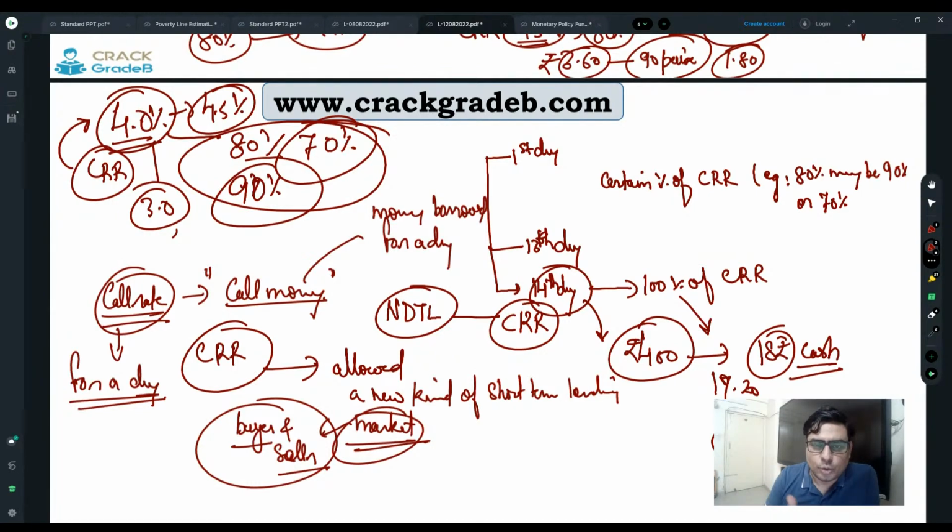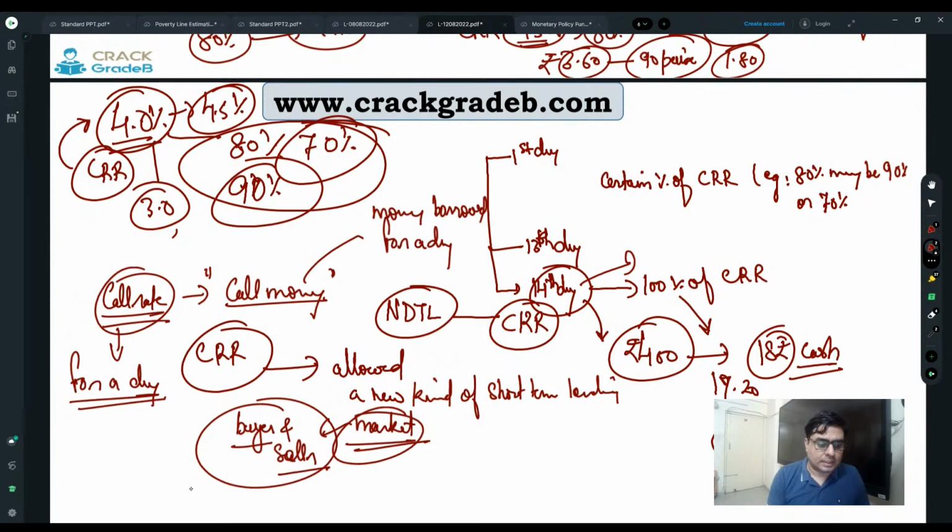But sometimes liquidity is going to fluctuate. So sometimes a bank needs more money, not for just 1 day. They may need it for 2 days or 3 days, or even up to 14 days.